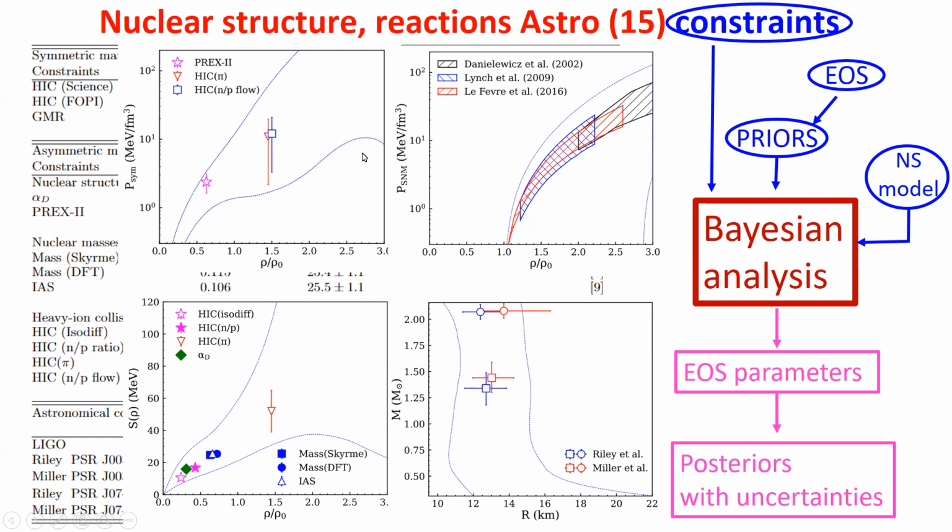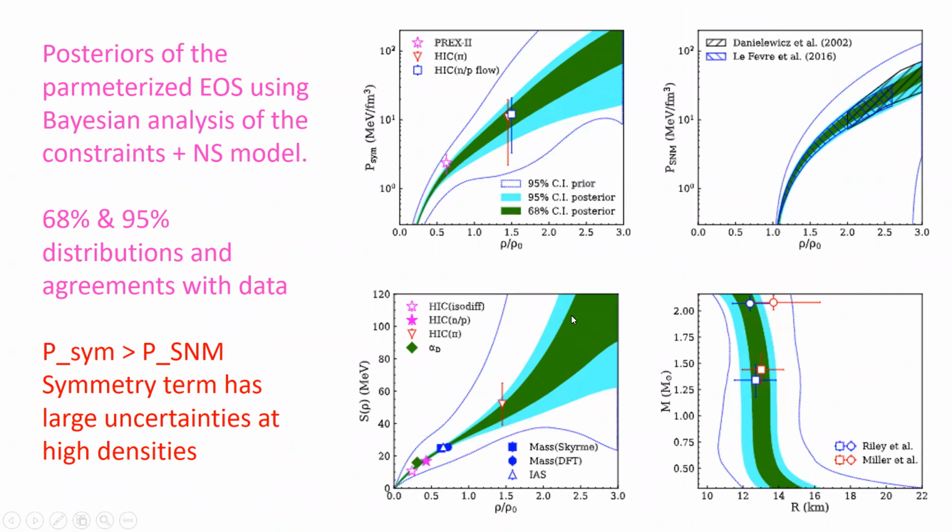Okay, so this dotted line here corresponds to the prior, 95%. As I said, our philosophy is we set our prior on the parameters of the equation of state so that the prior covers as much as possible of all the data. Now from the Bayesian inference, we can get the posterior.